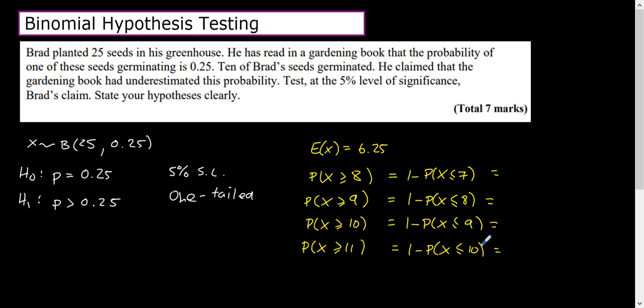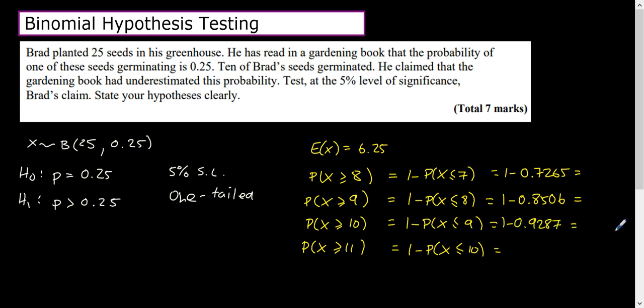So we'll do 1 minus 0.7265, 4 decimal places. For the second one here, we'll change our x to 8. We've got 0.8506. And for our next one, we'll change it to 9. Do 1 minus 0.9287.